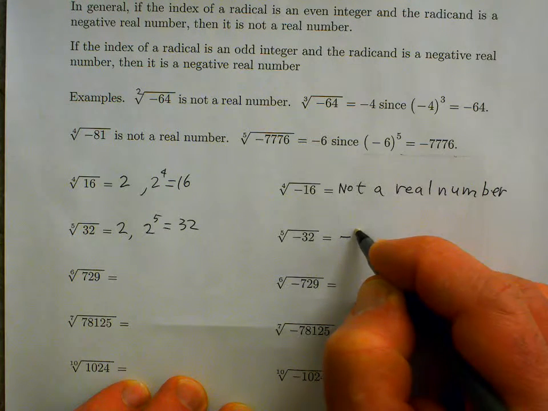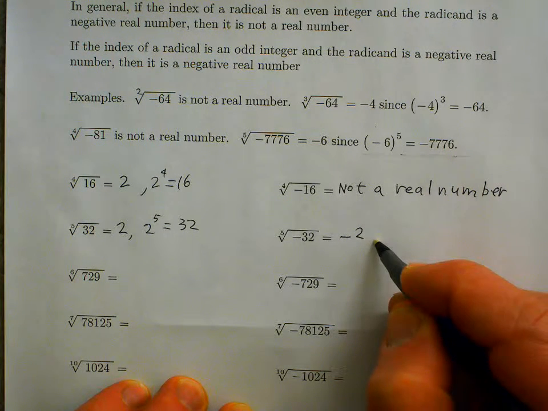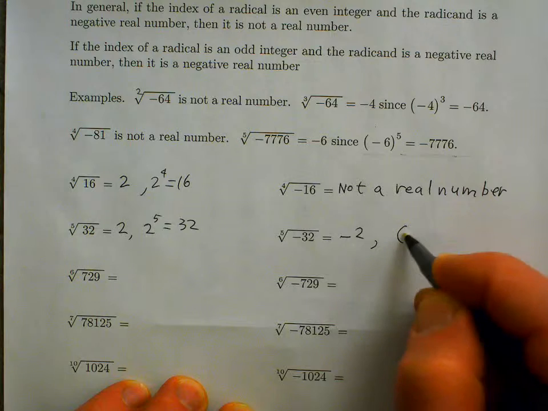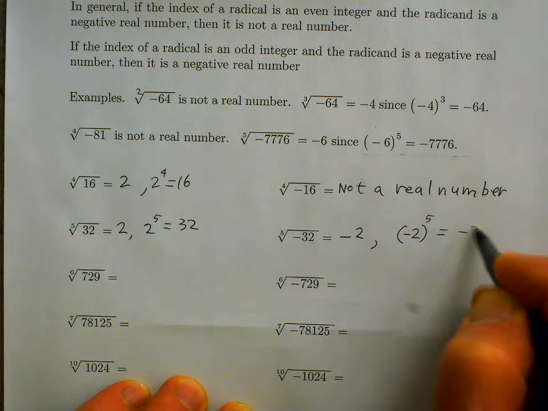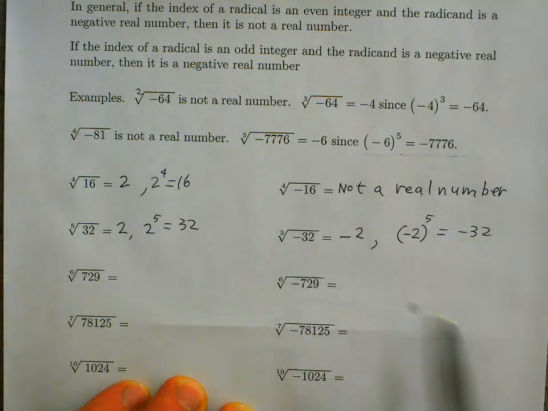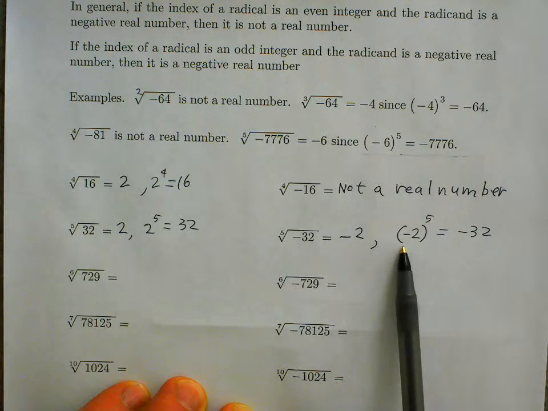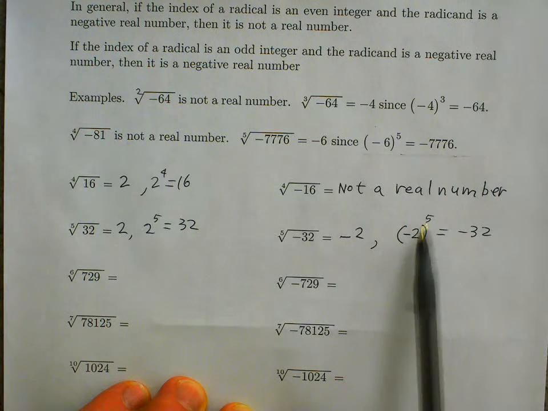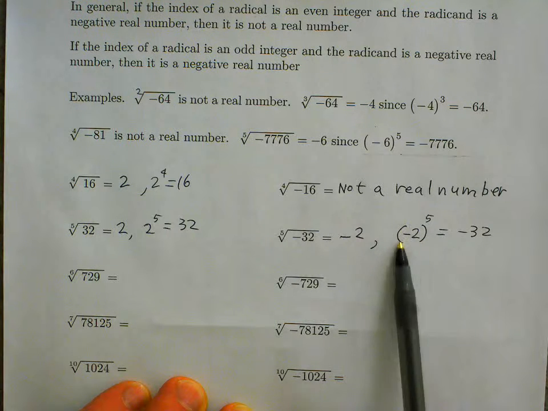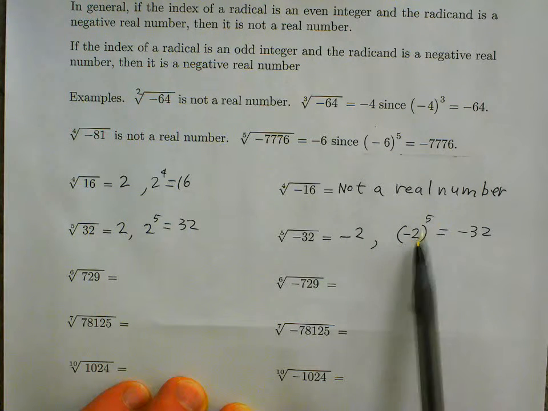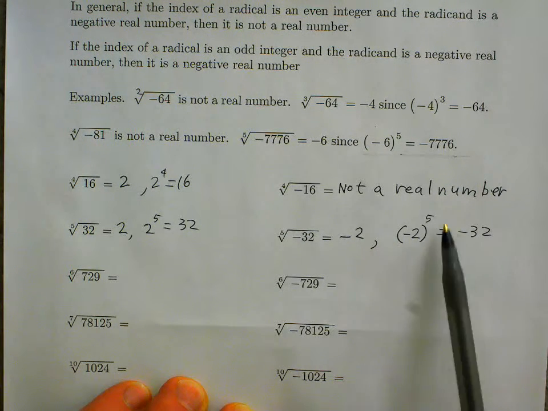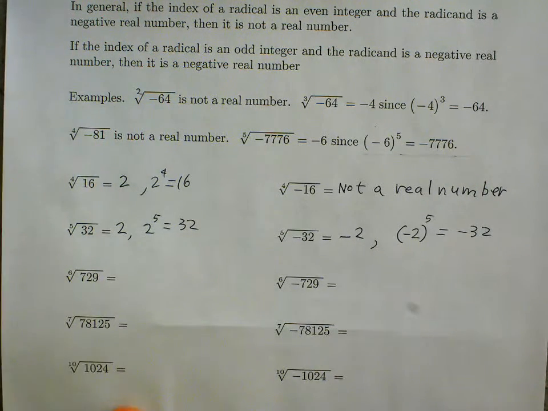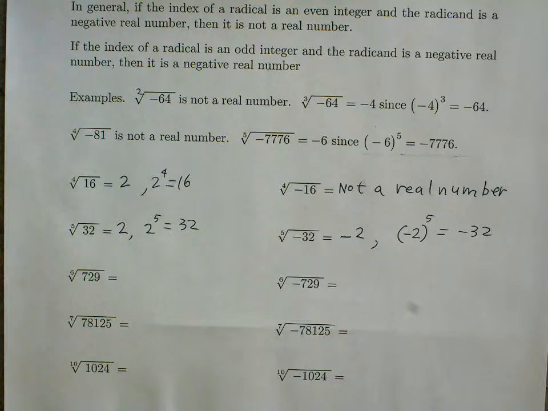In this case, negative 2. Because if you raise the number negative 2 to the fifth, you get negative 32. Keep in mind that parentheses are needed. This means we're raising the number negative 2 to the fifth. It doesn't mean the same thing as the negative of 2 to the fifth if there are no parentheses.